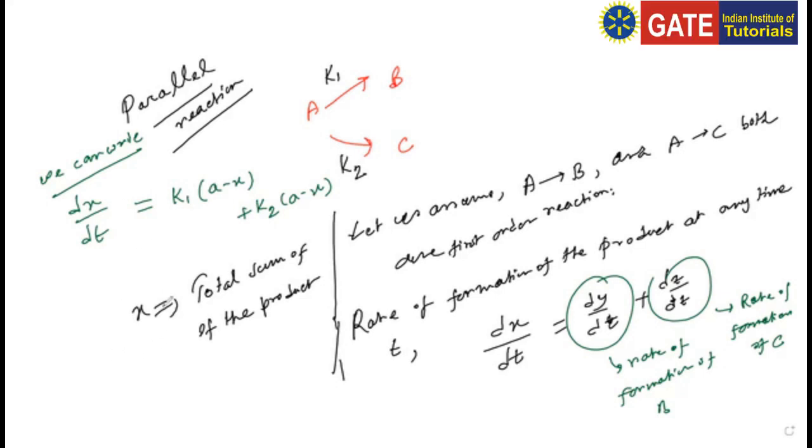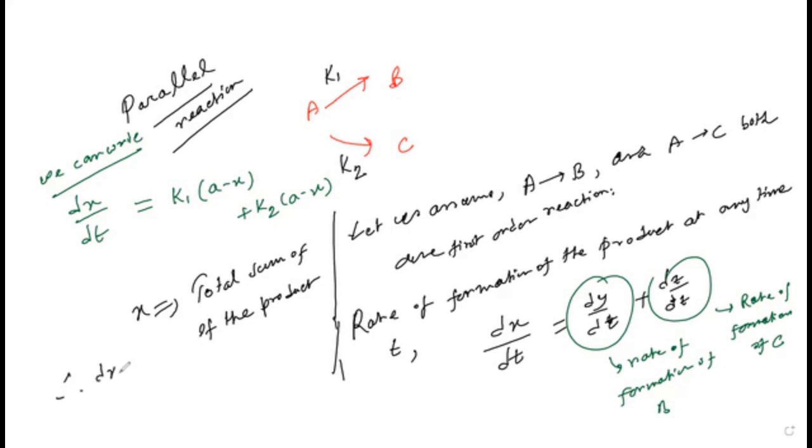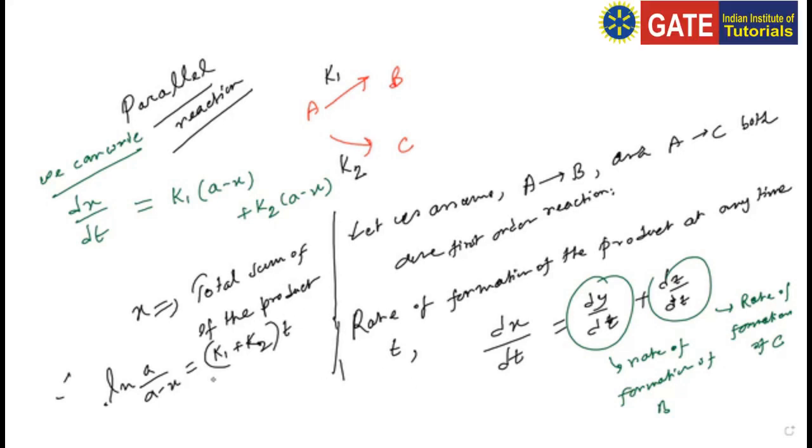If you integrate this, we'll be getting ln a by (a minus x) is equal to (k1 plus k2) into t. This is the rate equation.